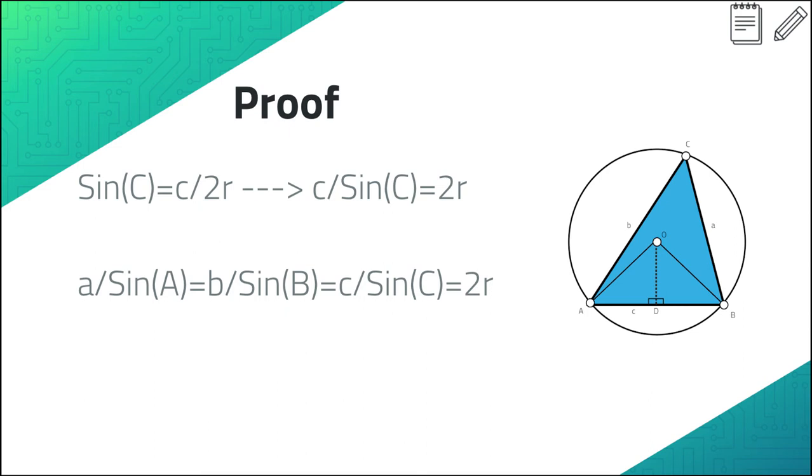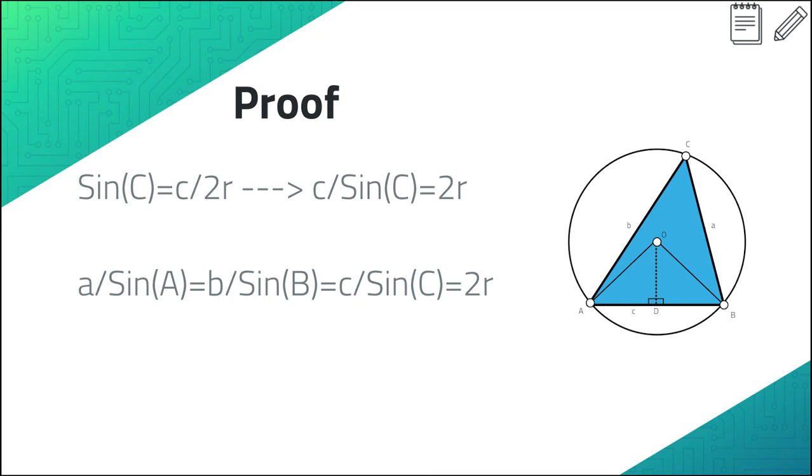Therefore, using the right-angled triangle DOB, you can find that the sine of angle C equals side C divided by 2 over R, which becomes side C over the sine of angle C equals 2R.